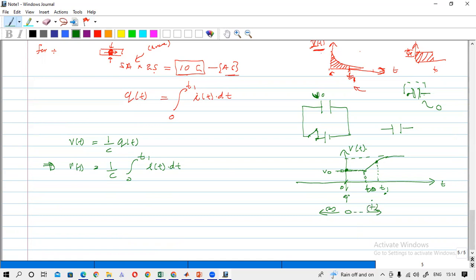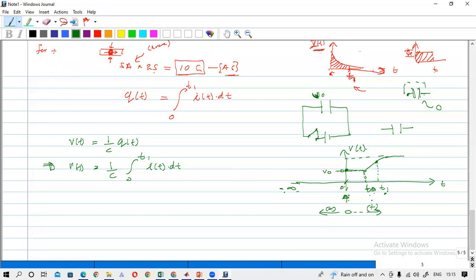So there can be some previous time also, and the total time range will be minus infinity to 0. At T naught you are going to charge this capacitor, and from minus infinity to T naught there is a charge.